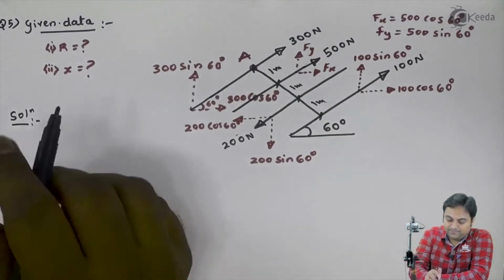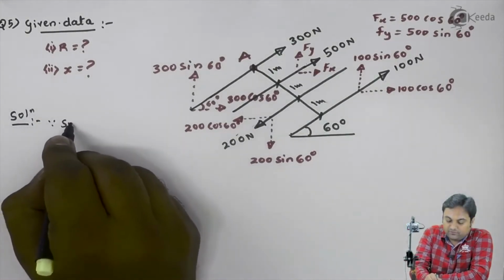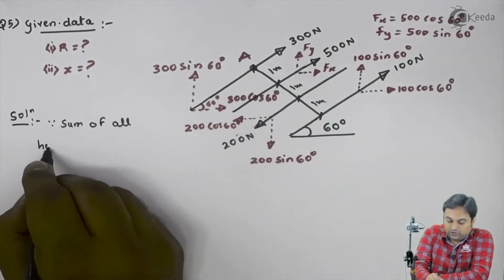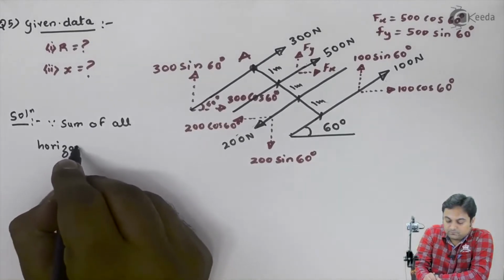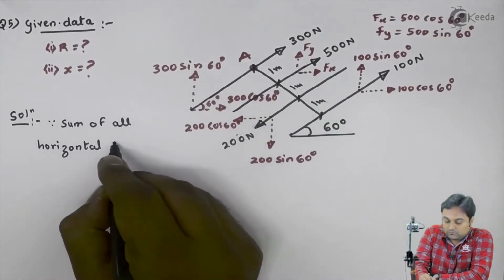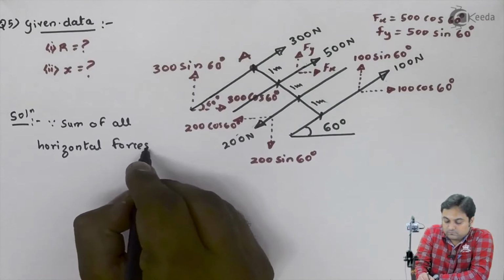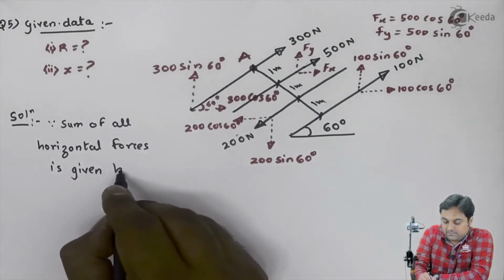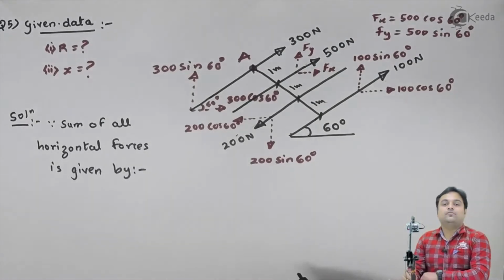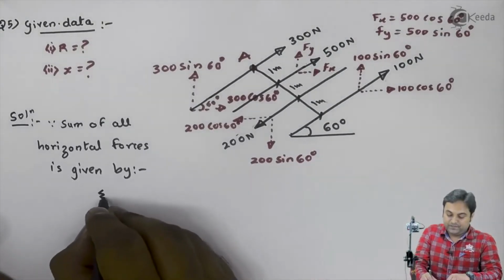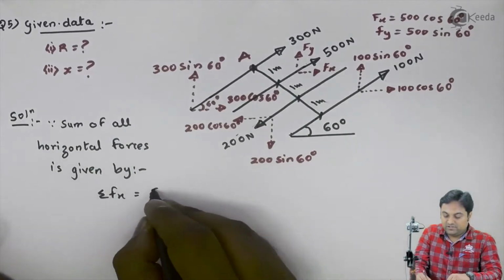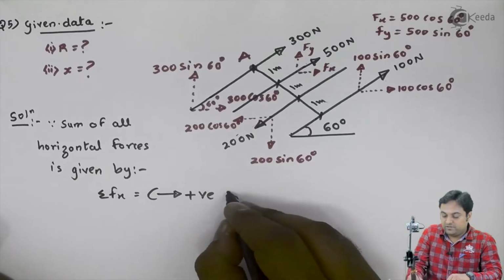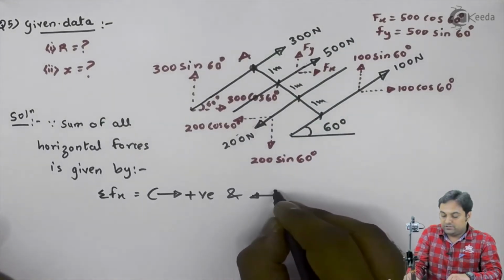Here I will be writing, since the sum of all horizontal forces is given by summation of Fx, with the condition clockwise, or you can say rightward forces positive and leftward forces negative.